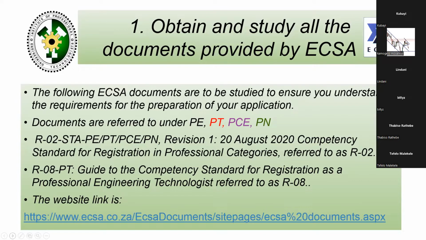You will find on ECSA's website there's a part called Documents, and you go and look there. There's a lot of documents there, but you'll find it. It's not that difficult. If I can find it as a BC guy who was before computers, then you guys should easily find it.